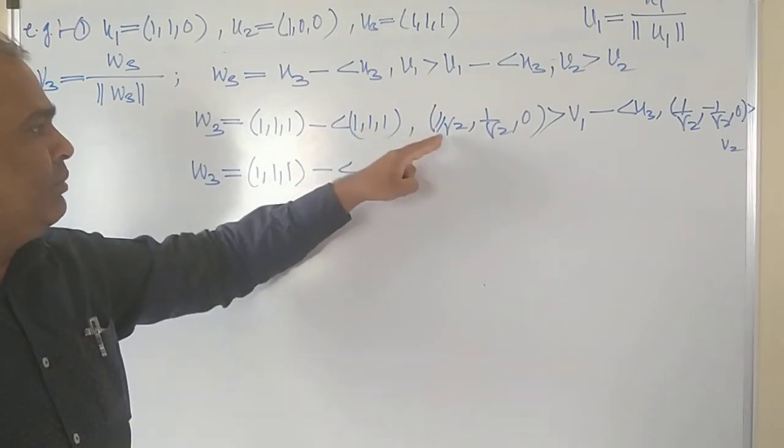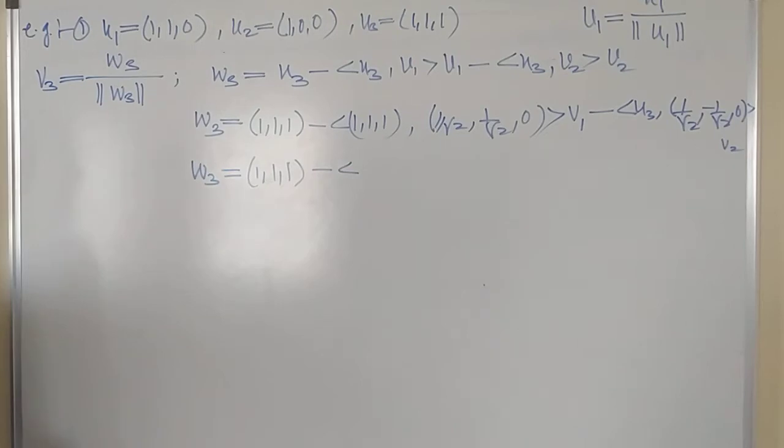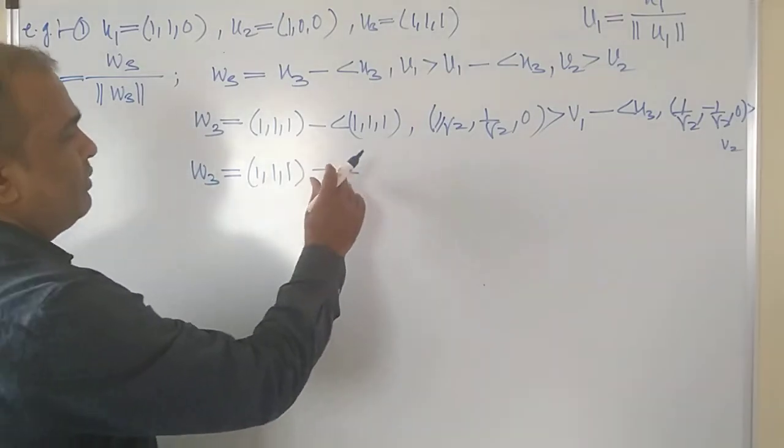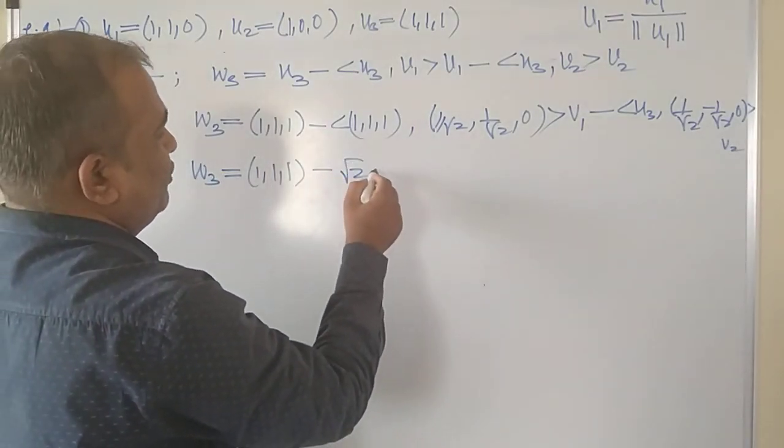So that will give you 1 by root 2 plus 1 by root 2, that is 2 by root 2. 2 by root 2 can be written as root 2 into root 2 by root 2. So 1 root 2 will get cancelled and we will get only single root 2. Isn't it?